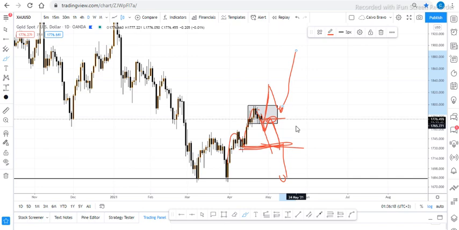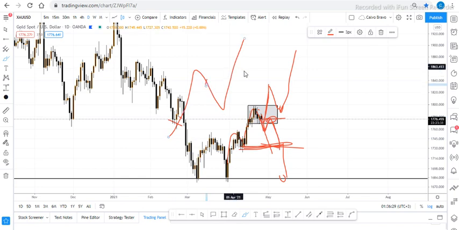If this is weekly time frame, we have impulse, correction, impulse. This correction of the weekly time frame, if you switch down to maybe 4-hour time frame, you can see the same thing: impulse, correction, impulse, correction, impulse, correction.